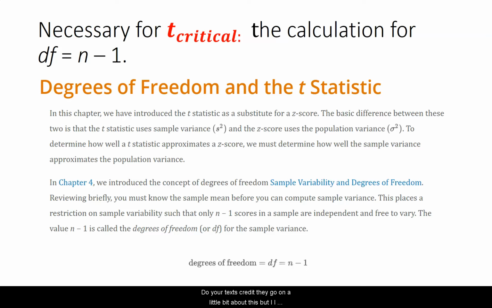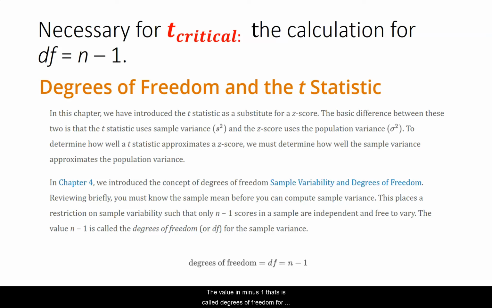To your text's credit, they go on a little bit about this, but I never ask about it on a test. But for the sake of completeness, I feel like I should mention this. In Chapter 4, we briefly introduced the concept of degrees of freedom. Reviewing briefly, you must know the sample mean before you can compute sample variance. This places a restriction on sample variability so that only n-1 scores in a sample are truly independent and free to vary.